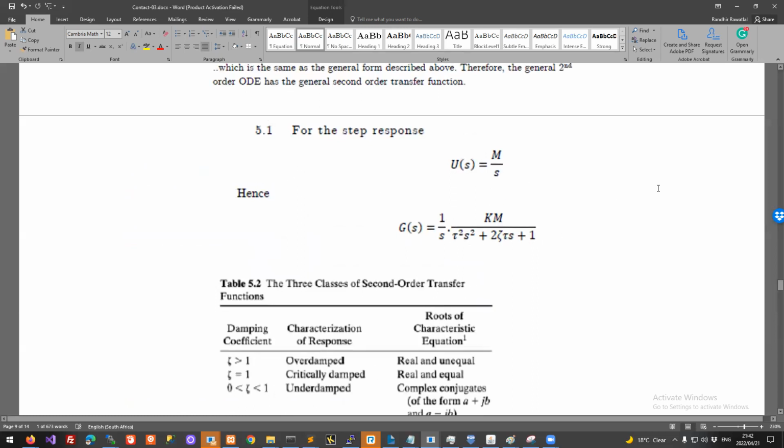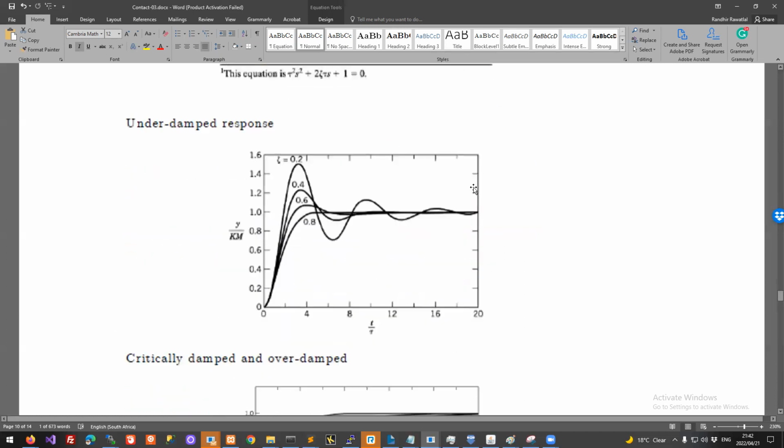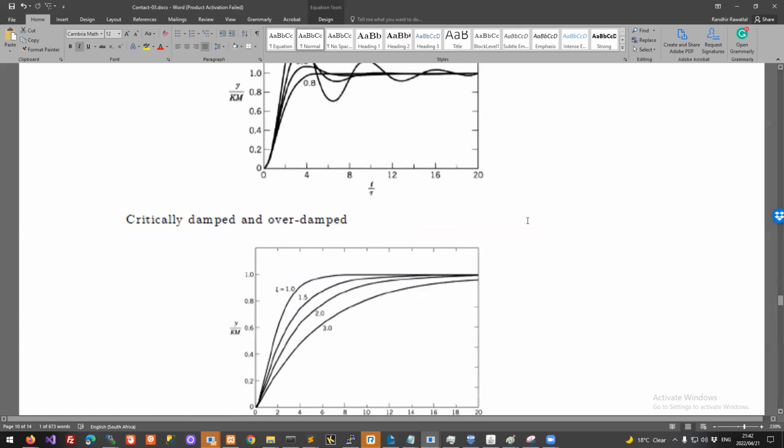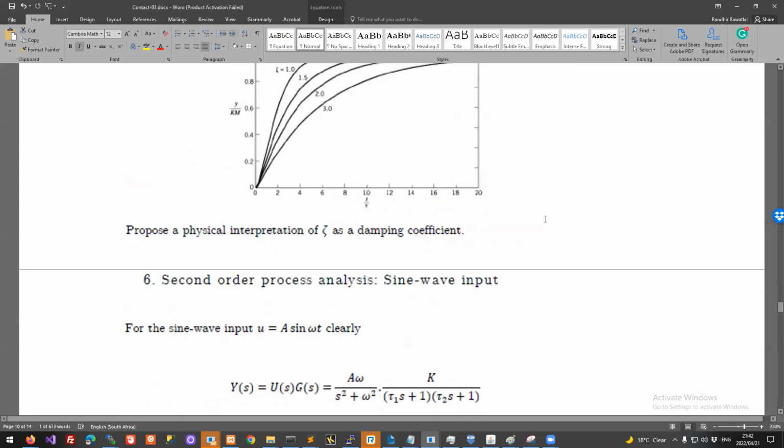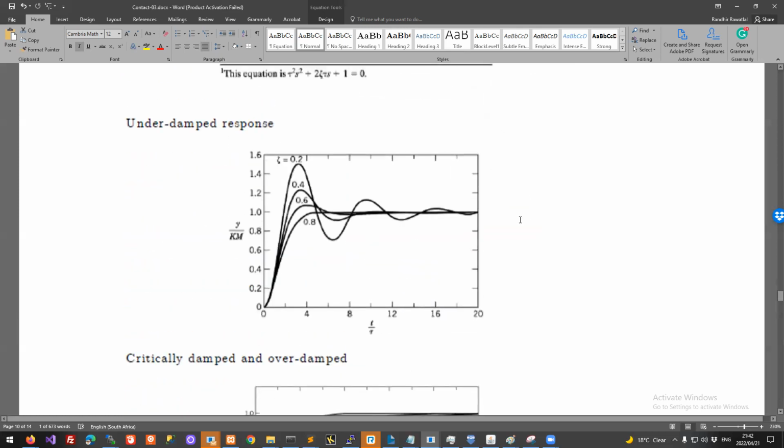Even though this is not yet real control, because we are applying a specific time function, which becomes an S function, still it can give us some insight into the response of that system, and we'll be able to use that to design our controller. If you look in the notes, you'll see we find out where we get this maximum value, and we can rewrite that in terms of the zeta value.